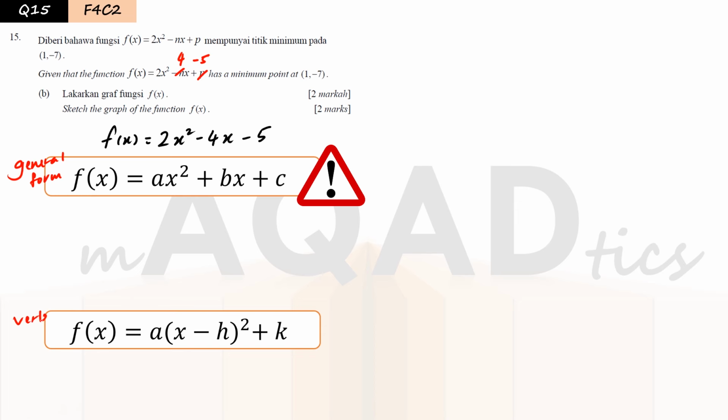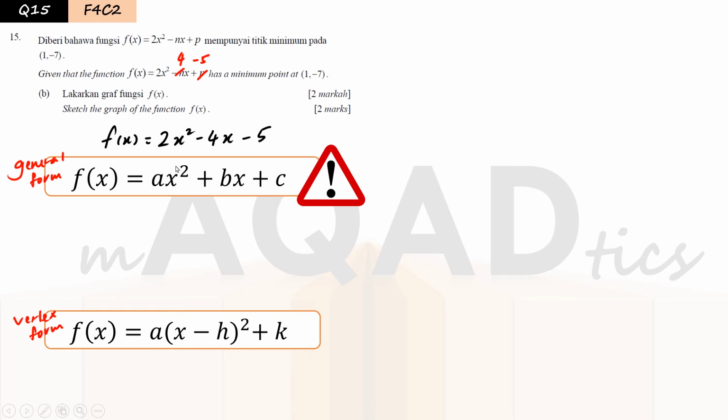So inside the vertex form, we also need to understand what A, H, and K mean, and how they affect our graph. Okay, so we need to look at all of these values to see how we draw out our graph. So let's go through one by one.